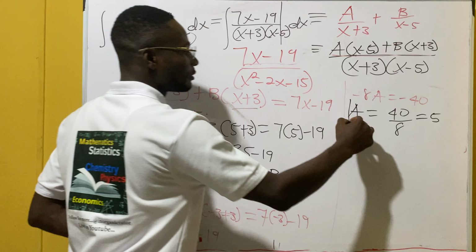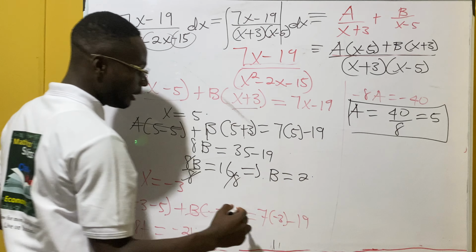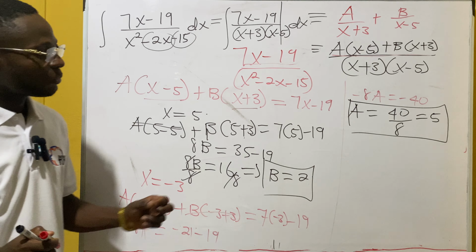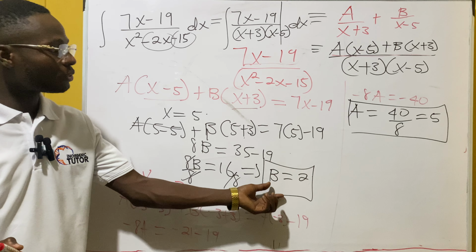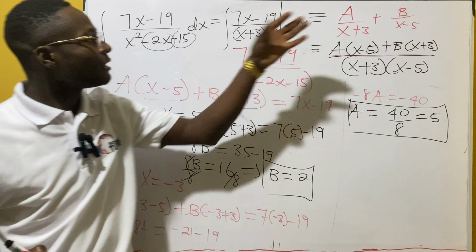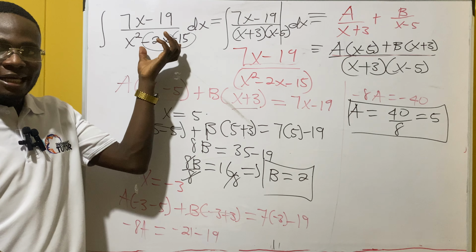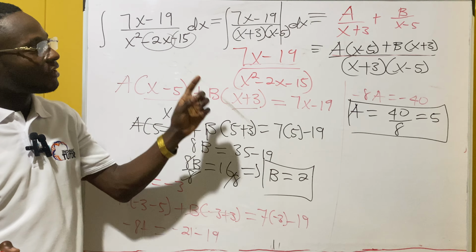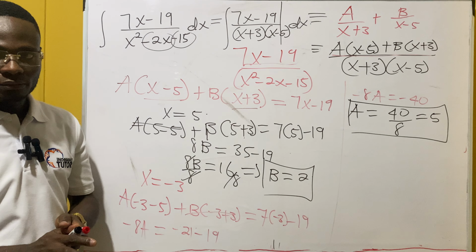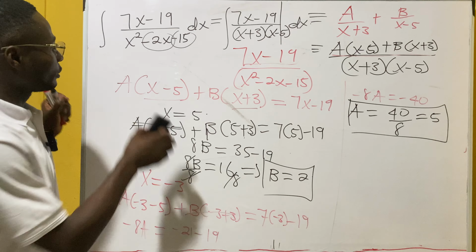Once we have our A and our B, then we can go ahead and substitute those values into this, put it in the integrand and find the integral of this particular expression. So now let's go.